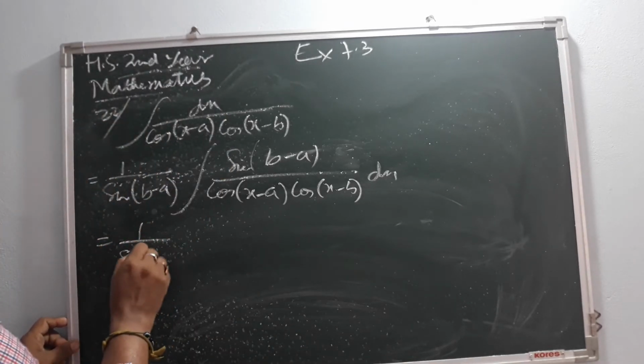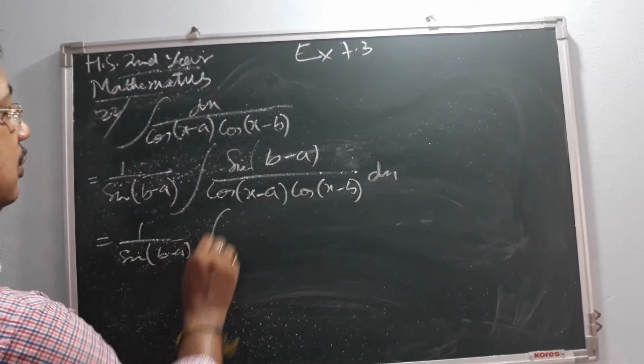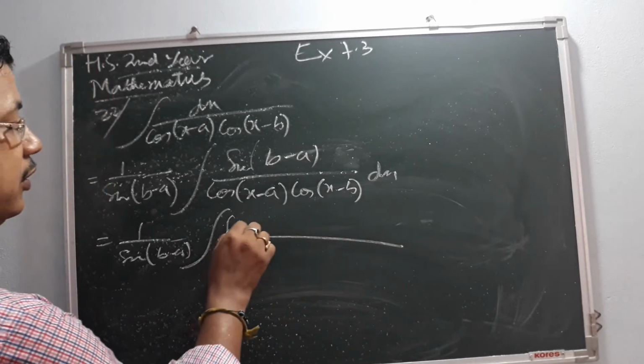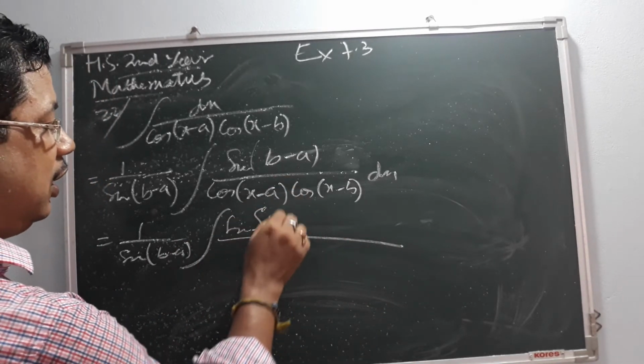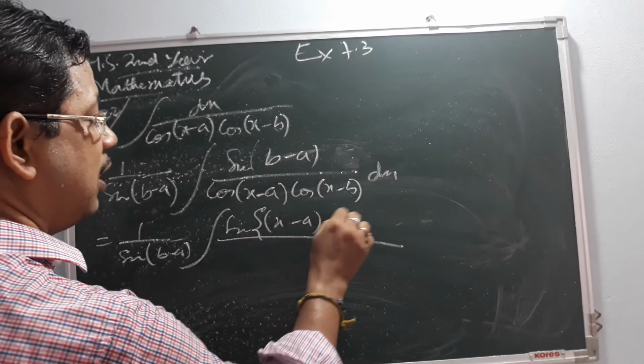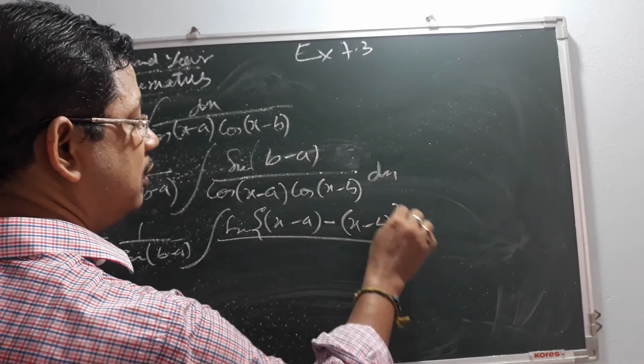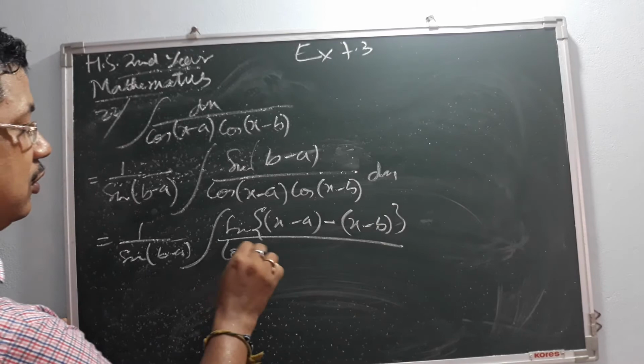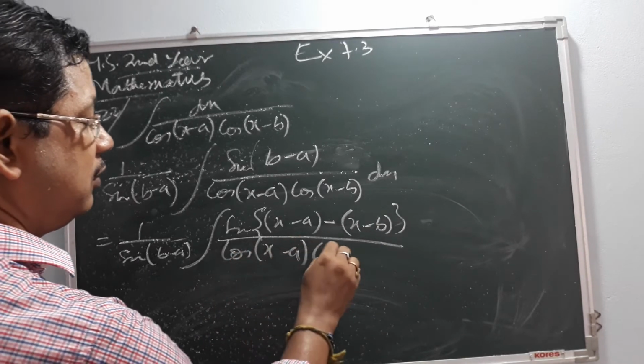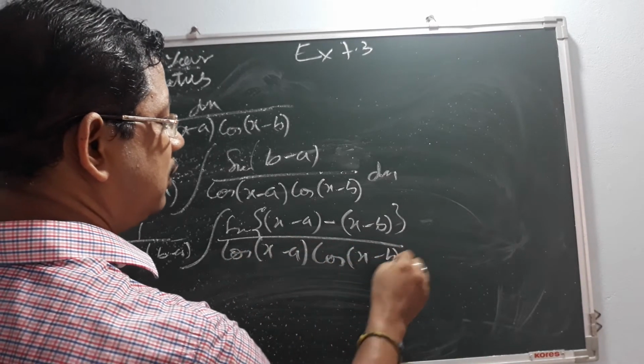Now see, 1 by sine b minus a times the integration. We can write this b minus a as x minus a minus x minus b. Is it? Shall I write? Yes, we can write this one.